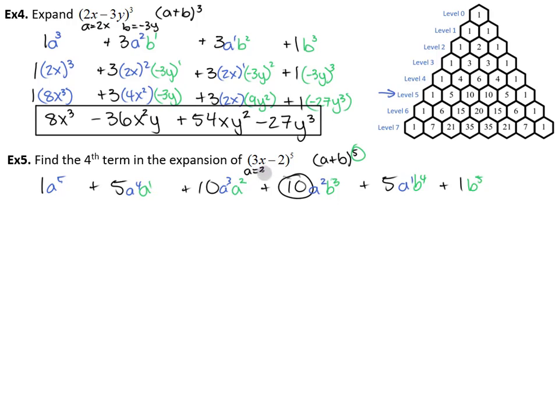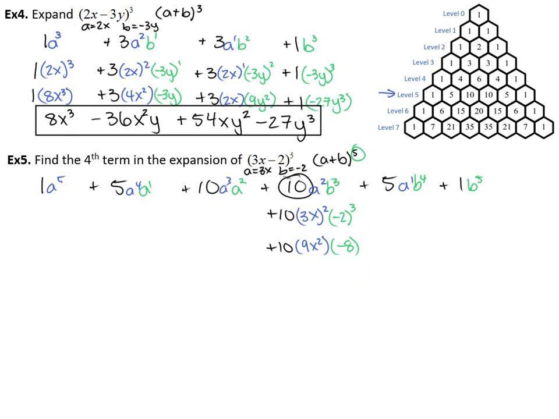So for a, we're going to substitute in 3x, and for b, negative 2. And all I need to calculate is plugging in 3x squared and negative 2 to the third. Okay, evaluate our exponents. So 3x times itself twice is 9x squared, and negative 2 times itself 3 times comes out to negative 8.